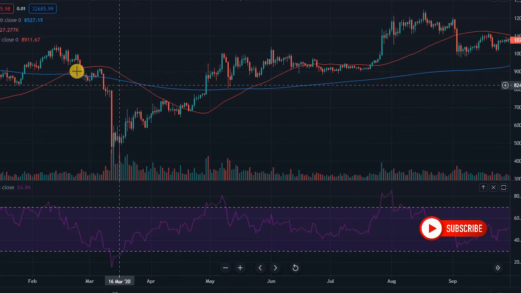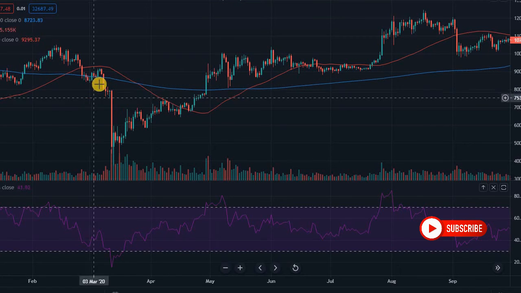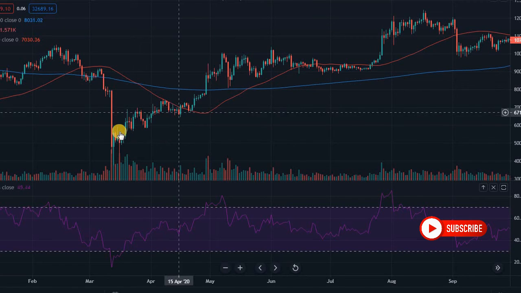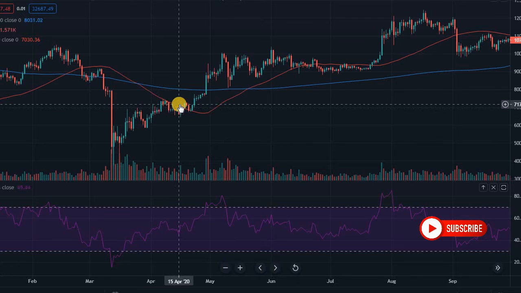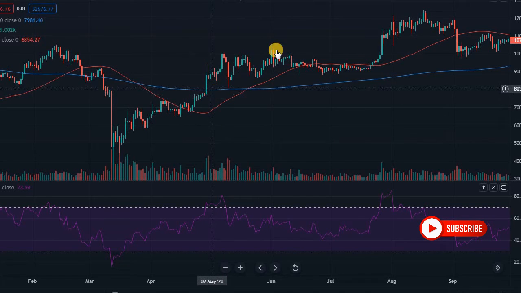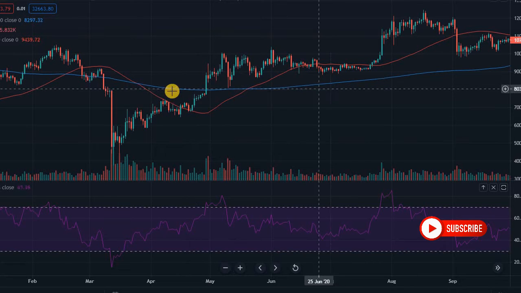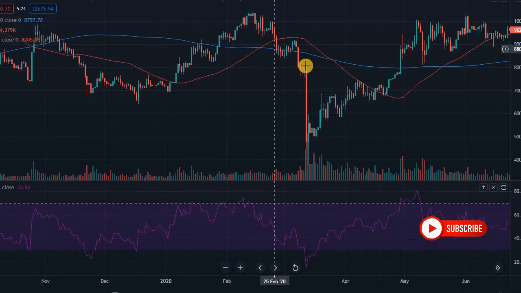So we got the big dump and then the 50 days moving average came down, the death cross happened, but the market at this point of time started recovering, right? So we took some time to come back, and then we moved up into this whole run. But let's go back to other charts, because this was an exception.